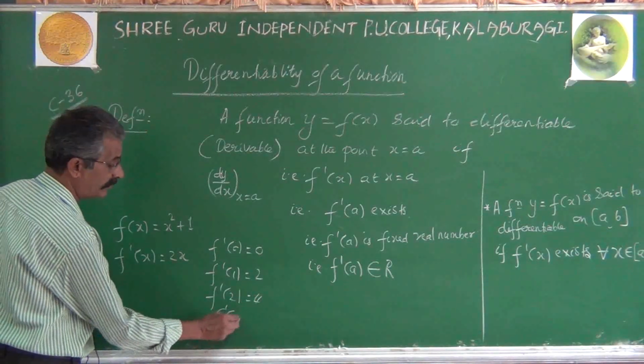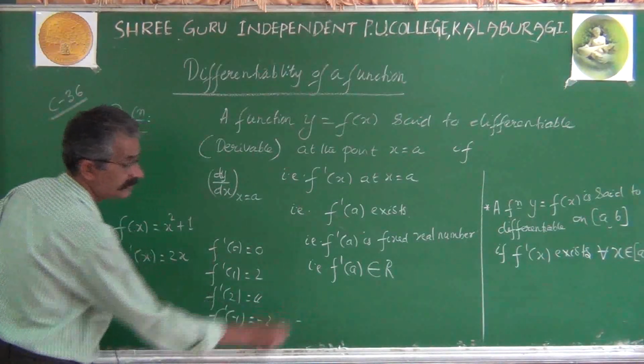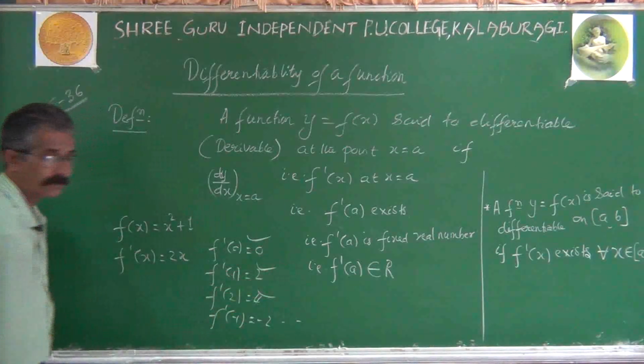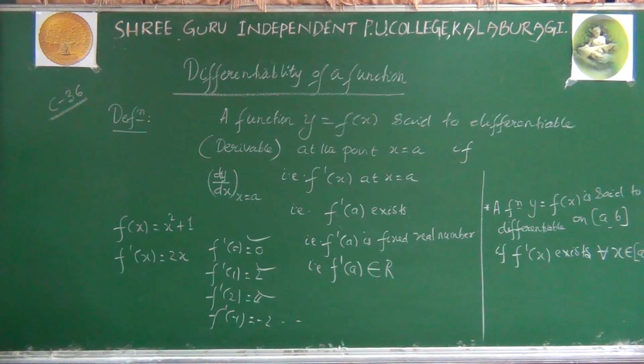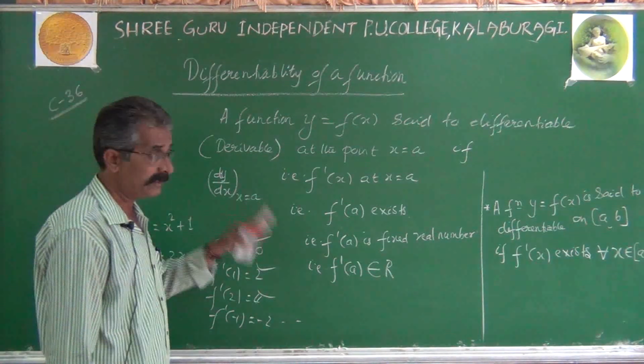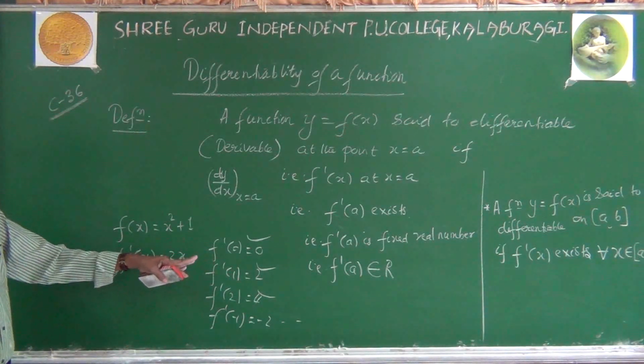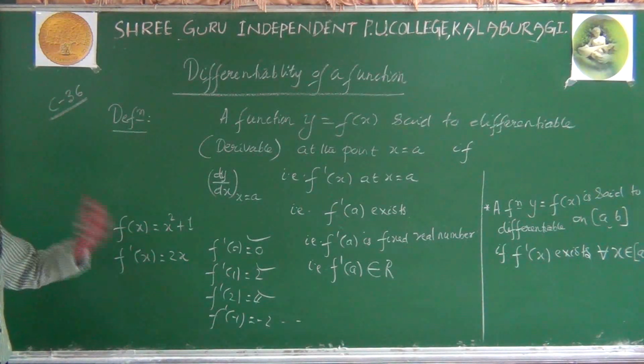Calculate f dash minus 1, minus 2, etc. What you can observe? 0, real number 2, real number 4, real number minus 2, real number. Hence, this function is differentiable for all the values of x. It is differentiable for every x belonging to real numbers because there exists a real value for each f dash of x.